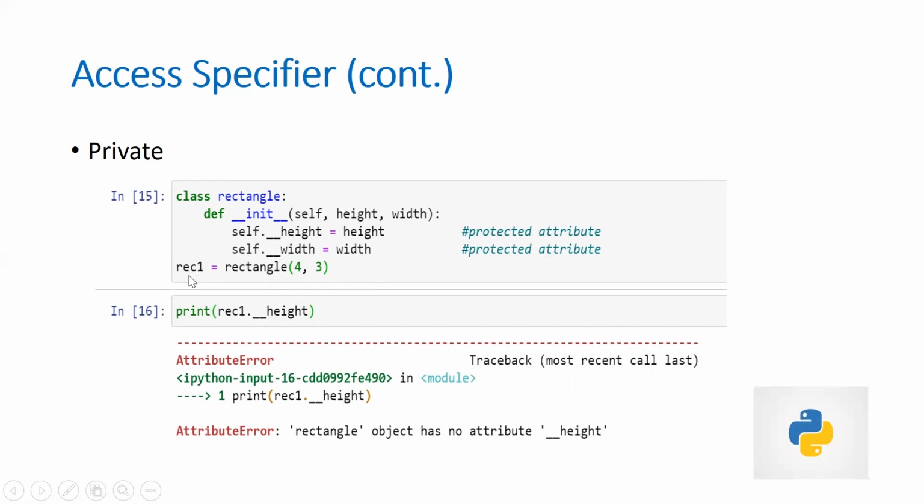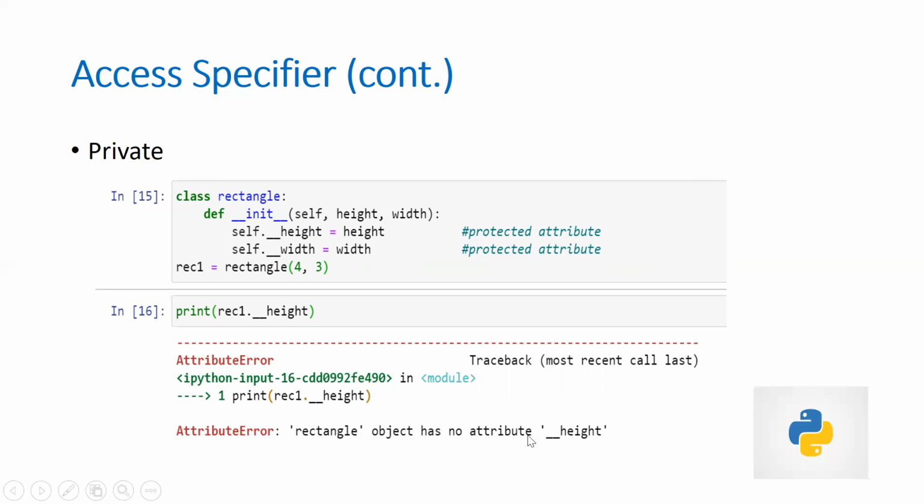So now if I want to print the value or access the information of height from outside, from this statement, it will create an error. The error shows us that the rectangle object has no attribute _height.